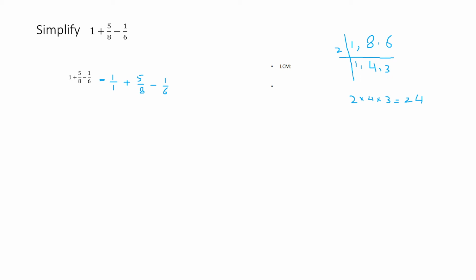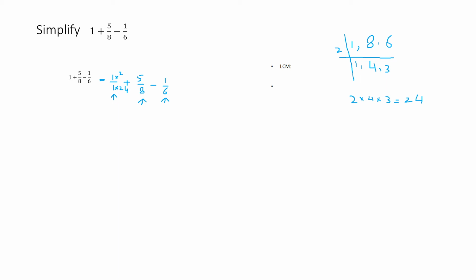It means we need to make this one 24, we need to make this 8 into 24, and we need to make this 6 into 24. So very easy, 1 can be made 24 by multiplying it by 24. So whatever you multiply down, you will multiply in the numerator as well.